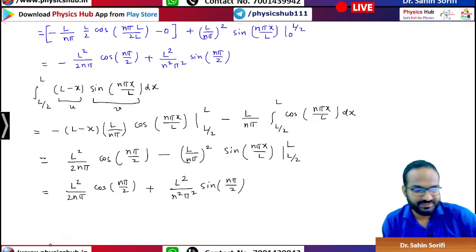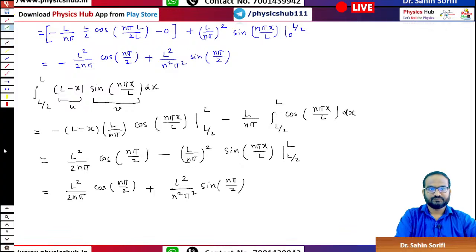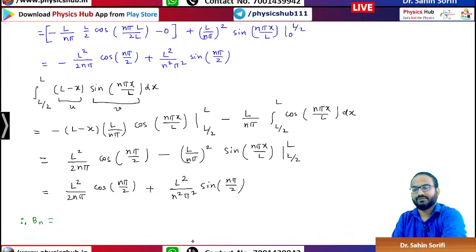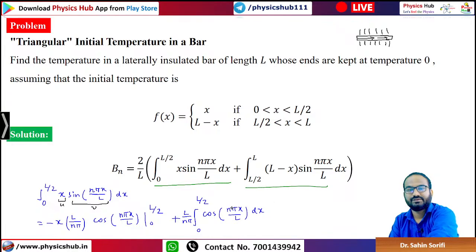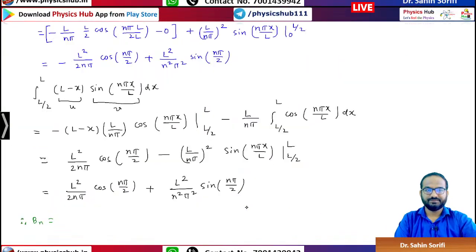Now see the magic. Therefore your Bn becomes 2 by L into the summation of this integration, the sum of this and this. So we have calculated both of them, so just put it here.